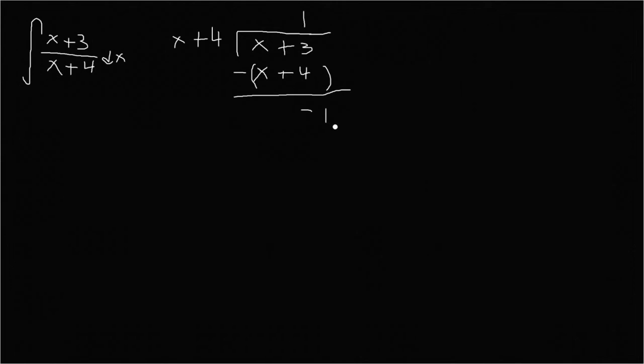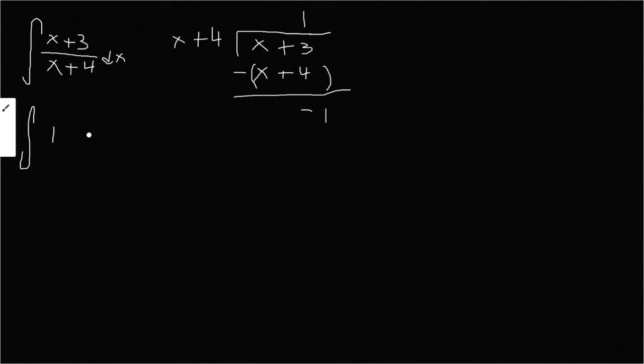And so now we can say that this integral expression is the same thing as 1, which is where this came from because we divided these and got 1, except we have a little bit of a remainder. We have this negative 1 over the denominator as the remainder.